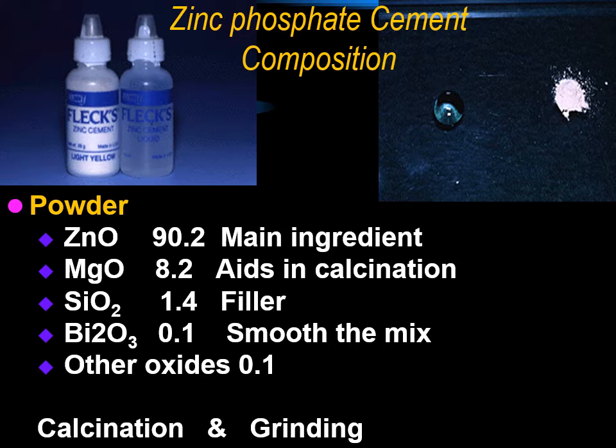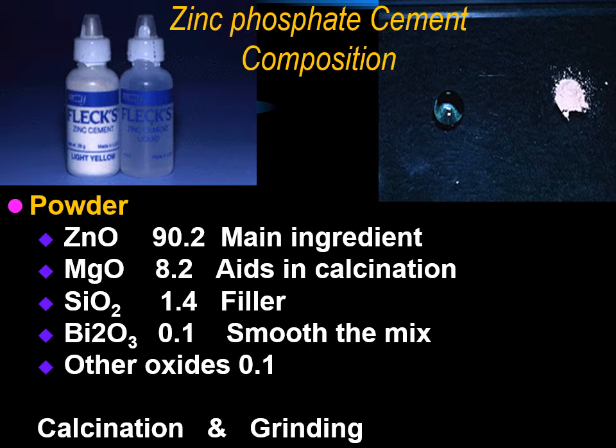The particle size is ground according to the purpose of use. For example, when we use it as a cement base, the powder must be coarser than when it is used as a luting agent.